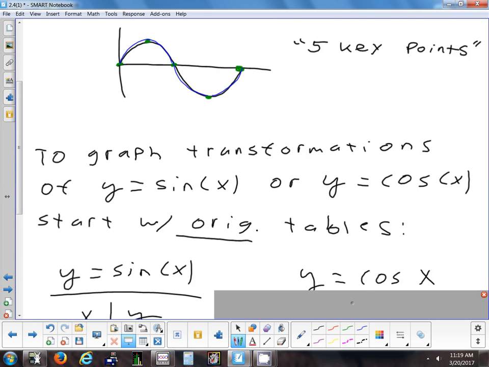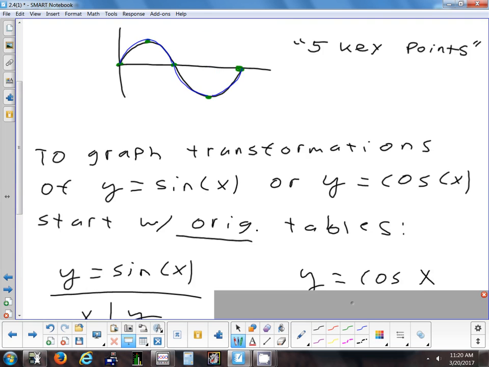It's 360, unless we change it. But if we just look at the basic one, it's 0 to 360. So if you divide 360 by 4, that tells you how much each section is that I just traced on that graph. What's 360 divided by 4? 90.